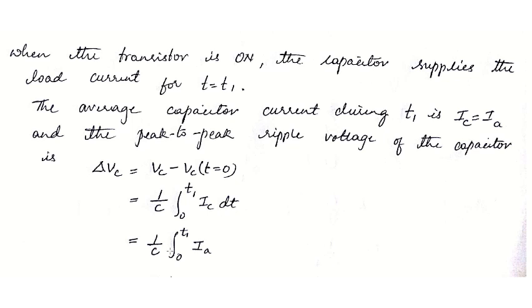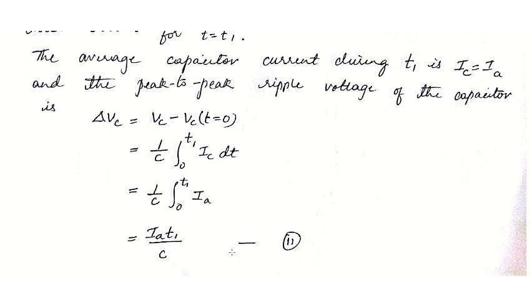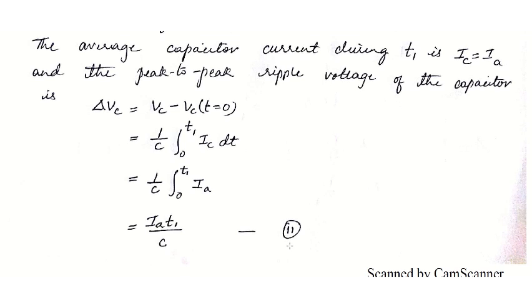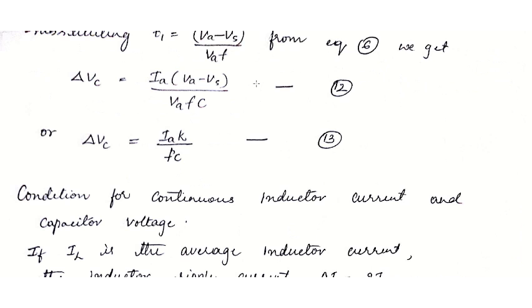So you will get 1 by C, integration 0 to T1, IC dt. In place of IC we will write IA, so you will get IA into T1 by C. That is your ripple voltage across the capacitor. Call it equation number 11.